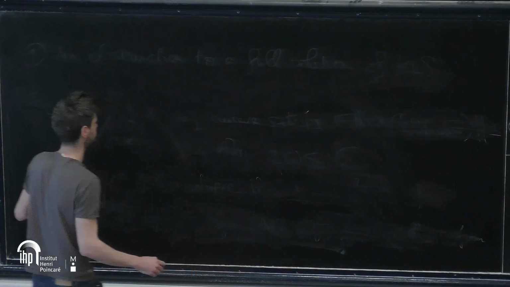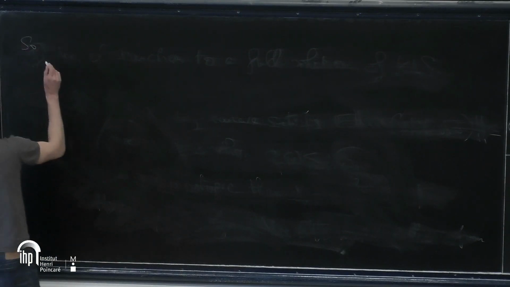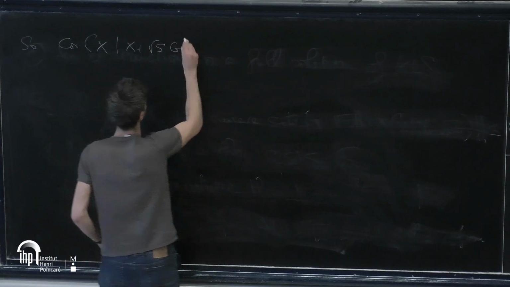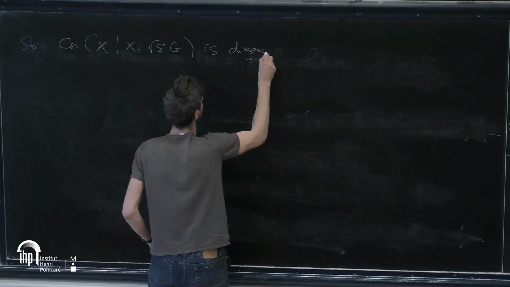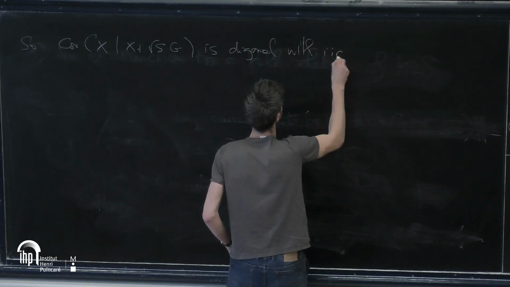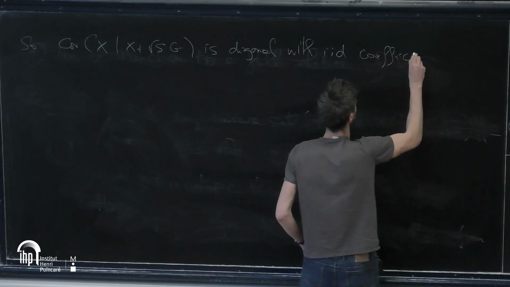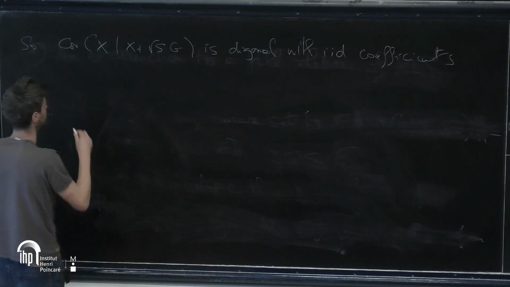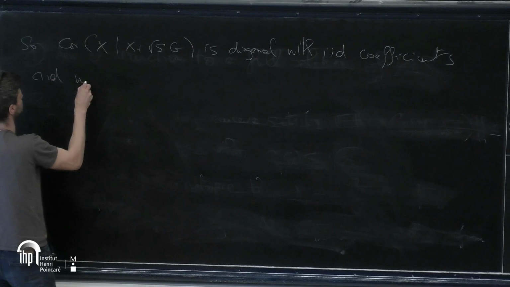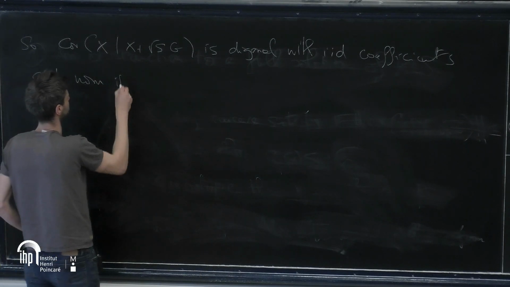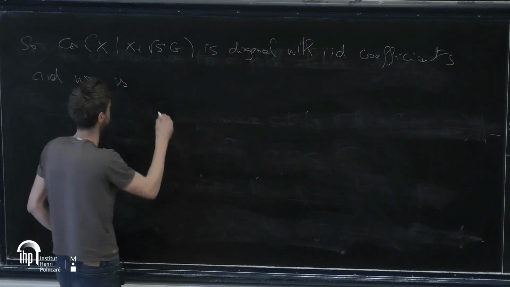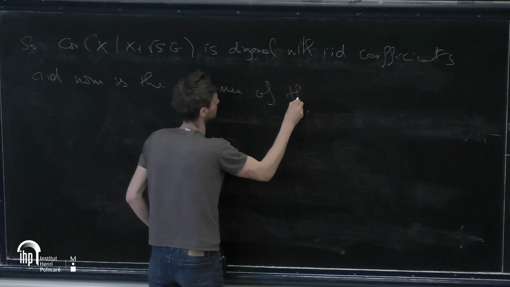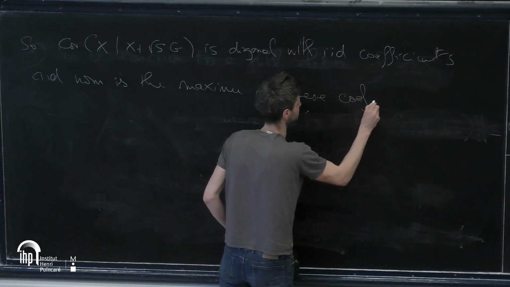And also, the covariance is diagonal with the IID coefficients on the diagonal, and the norm is just the maximum of these coefficients.